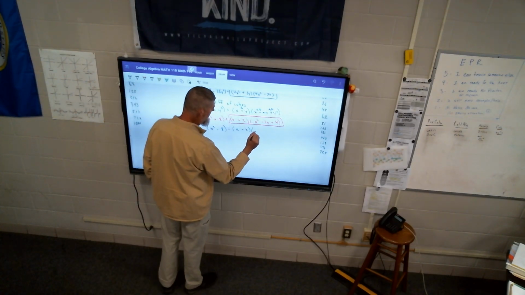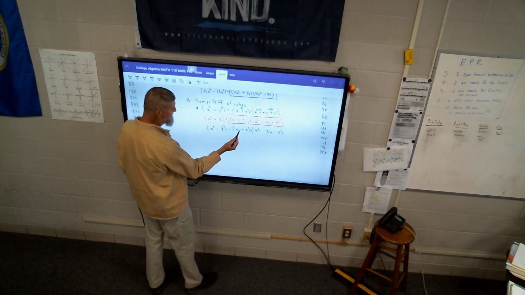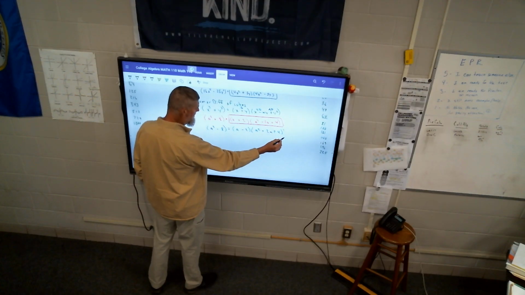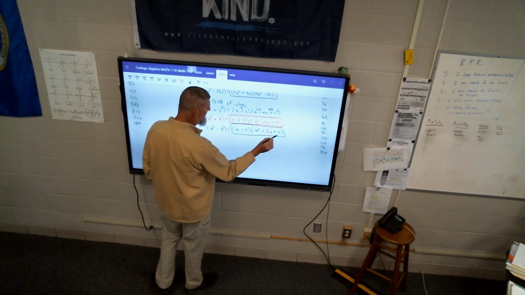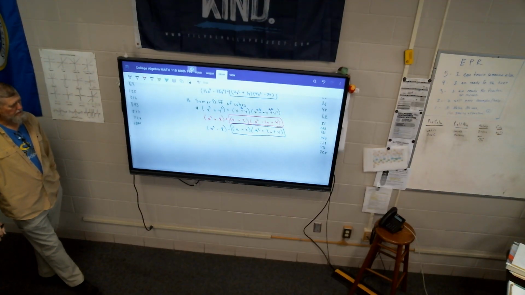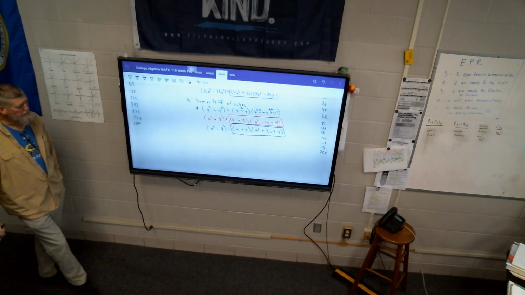The trinomial is exactly the same, a squared, 2a, and 4. The only difference is this is the same, so this is the opposite, and the last one is always positive. And the only thing that changes between those two is the signs. Same, opposite, always positive. Sum and difference of cubes.